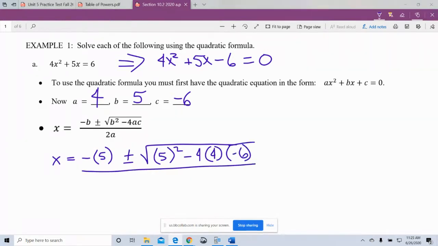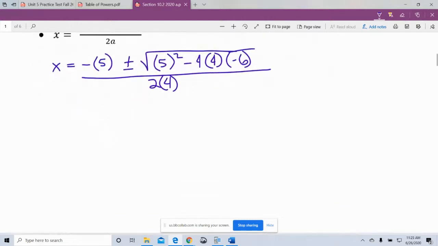And then all of that has to get divided by the 2 times the a, which is the 2 times 4. Everything else I do now is really just following order of operations. So this is old stuff at this point.